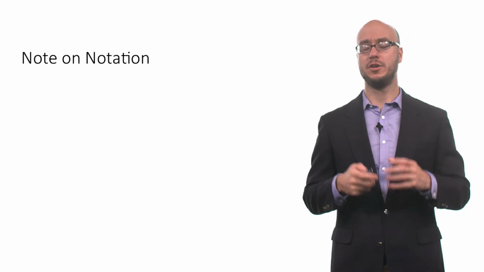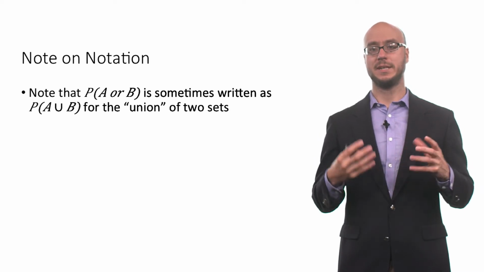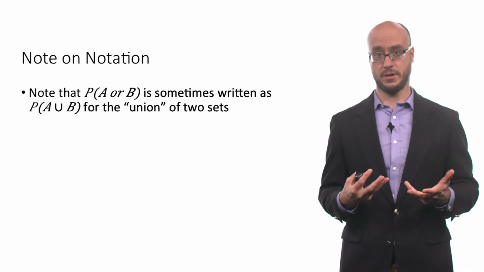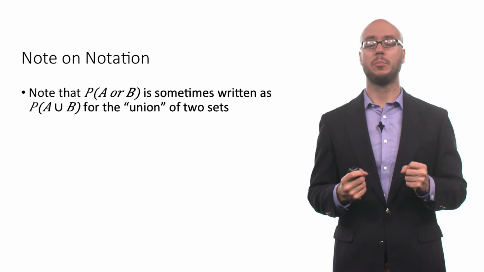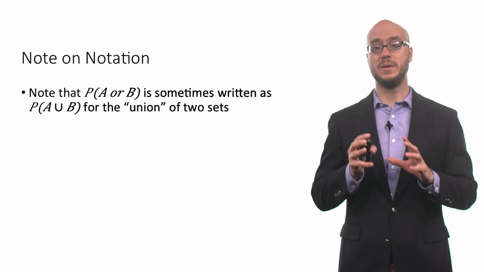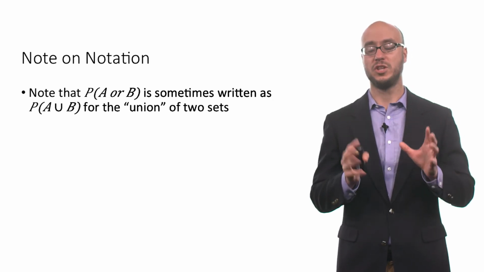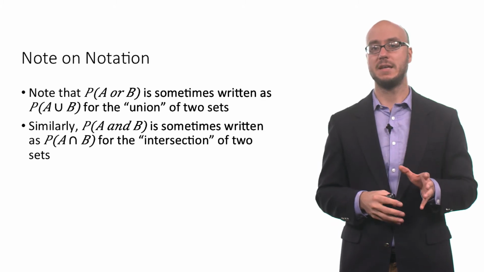So let's step back and say something about notation. The probability of A or B is sometimes written using notation from set theory. So you might see the probability of A, and then this sort of U, B. That just refers to the union of two sets. That's where the U comes from. It means the same thing as or.